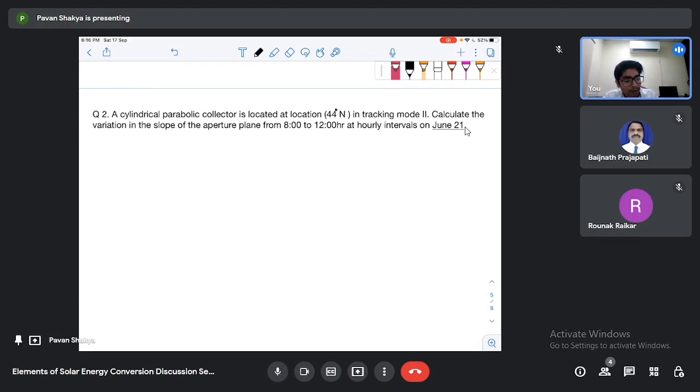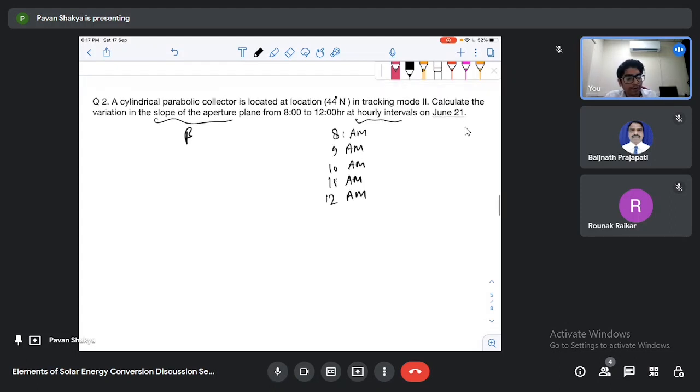So in this problem, you have to calculate the slope of the aperture, that is beta, for hourly intervals. It means you have to calculate it for 8 a.m., 9 a.m., 10 a.m., 11 a.m. and 12 on 21st June. So let's start.